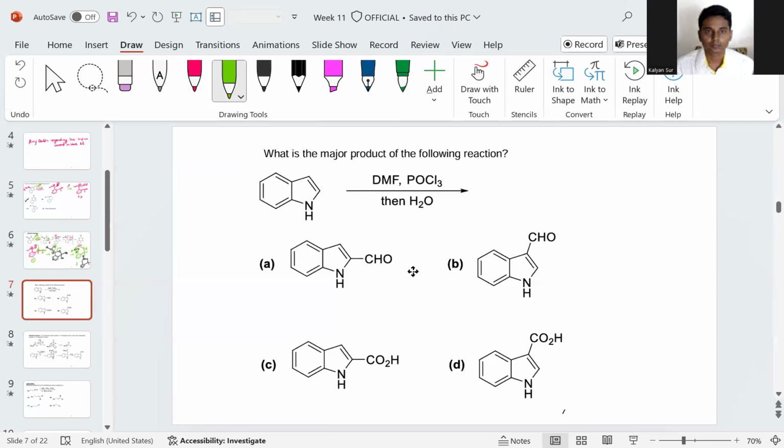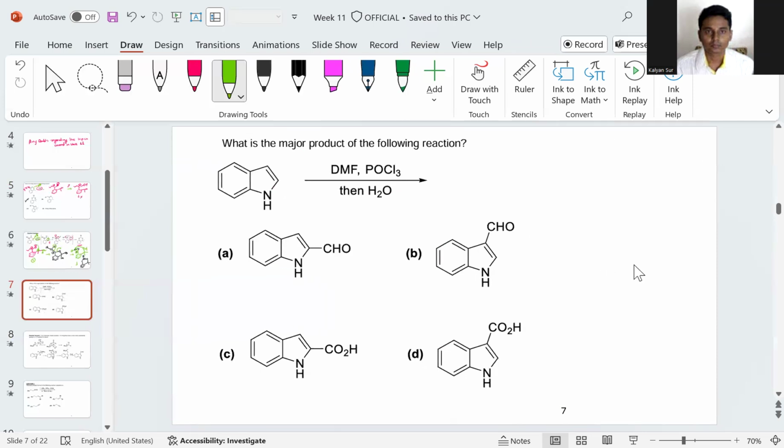So this is the second question, and I think this same question we have also discussed in the previous session video. So what is the major product formed in the following reaction? If you look at the reagent combination, this is DMF and POCl3.